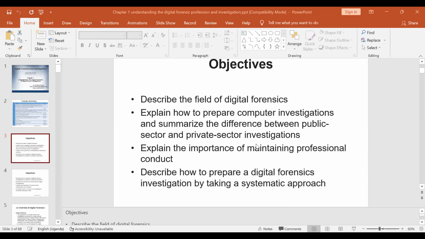So those in the private sector also do forensic investigation. So for the public, government handles that. The private sector equally manages that. However, there are sometimes when the public supports the private.